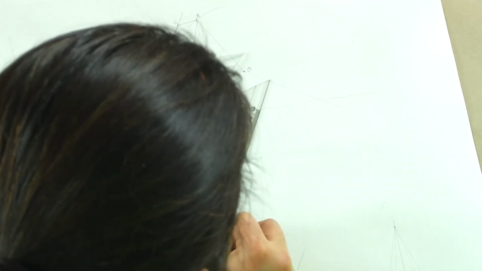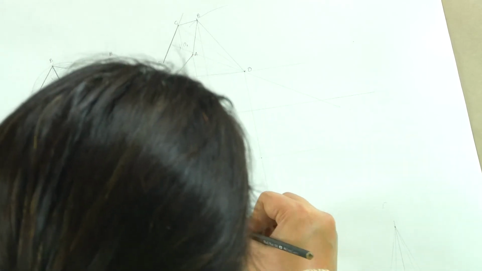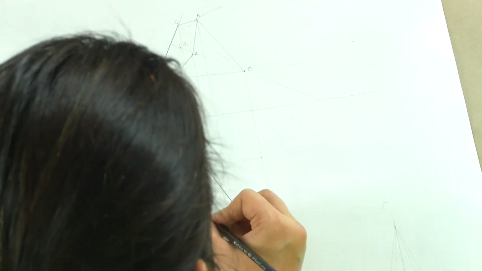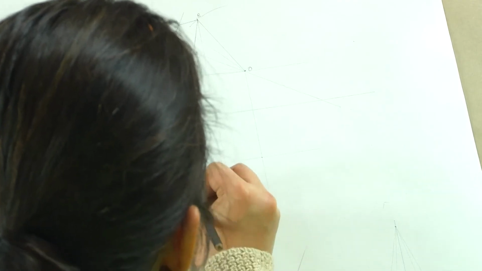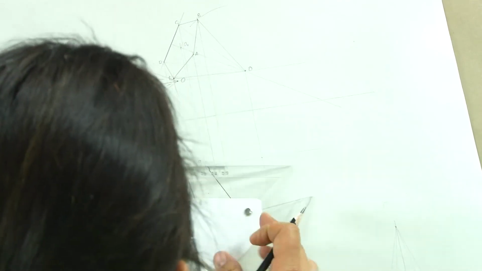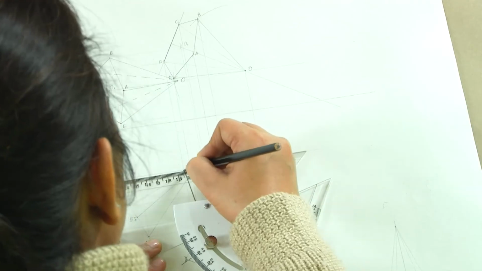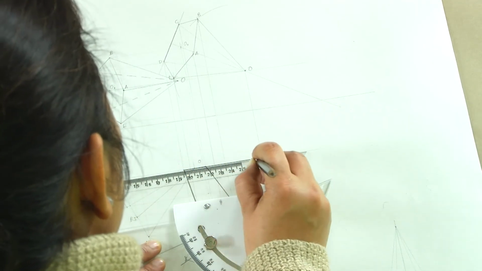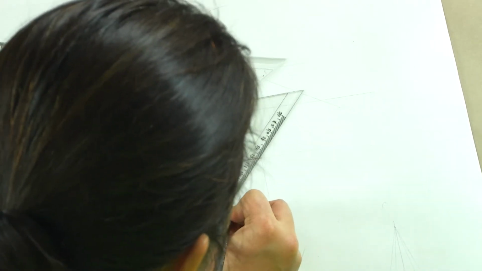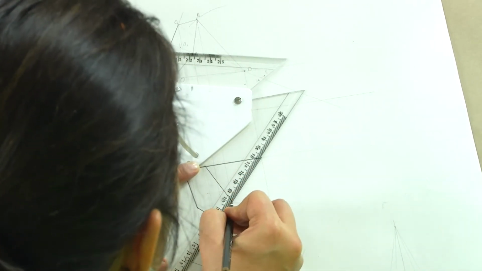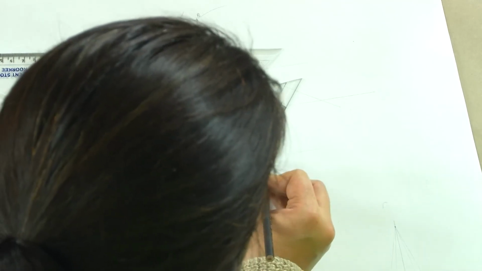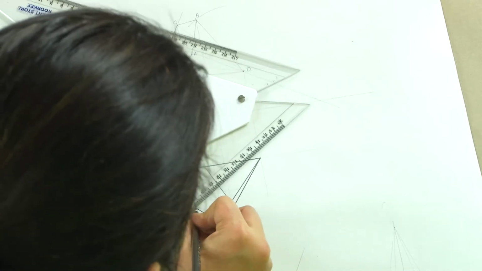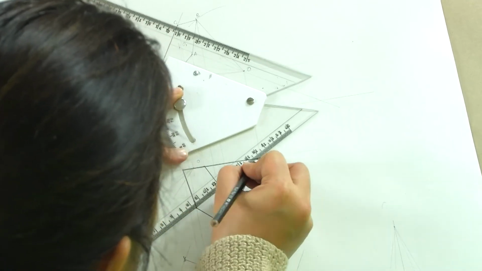you will be able to get the final shape of this cone, which has its face resting in or parallel to VP, and it is inclined at 30 degrees to the HP. And you can make the hidden lines also here.